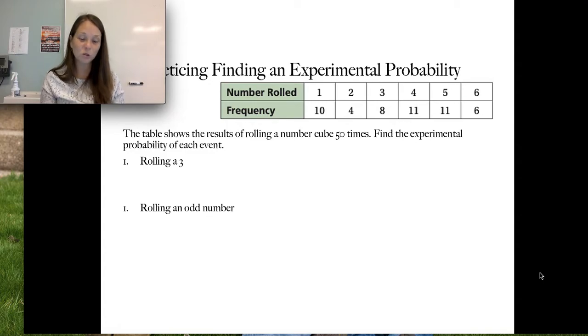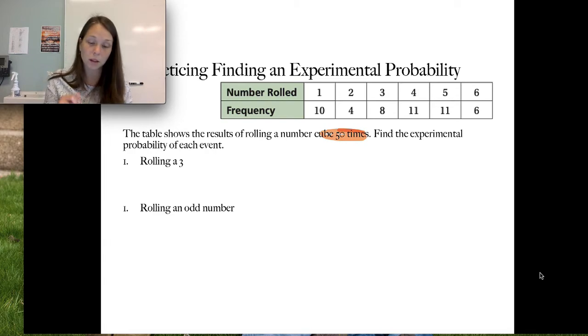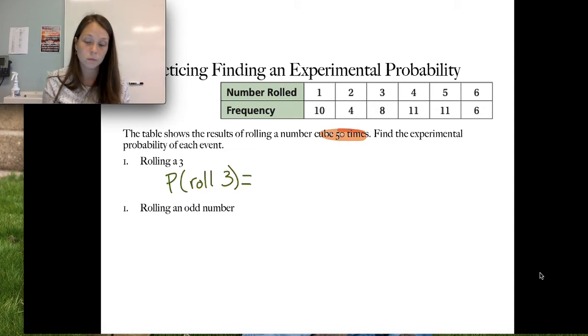Alright, so hopefully you've paused the video. It says the table shows the results of rolling a number cube 50 times. So we know we rolled it a total of 50 times. Find the experimental probability of each event. The first event is rolling a 3. So the probability of rolling a 3 is going to equal, we have to figure out how many times we rolled a 3. The frequency tells you how often that happened.